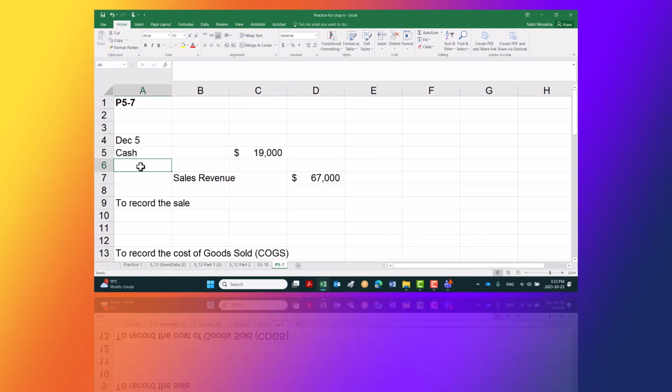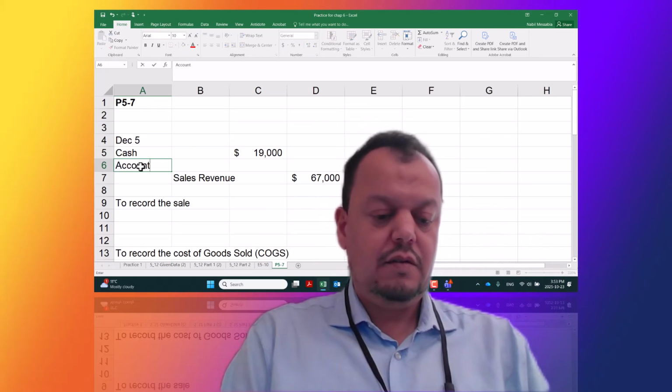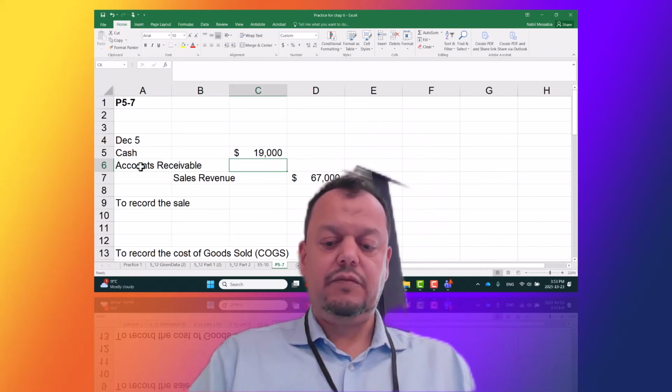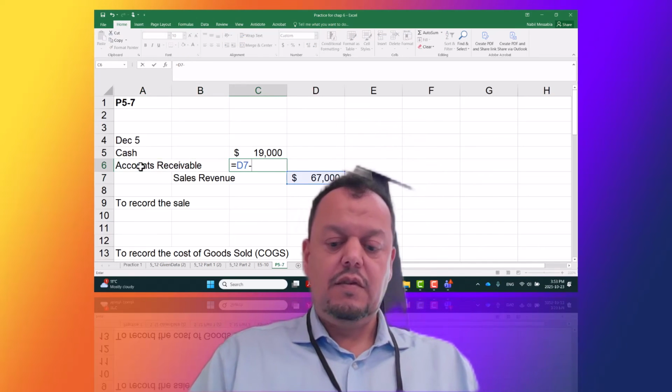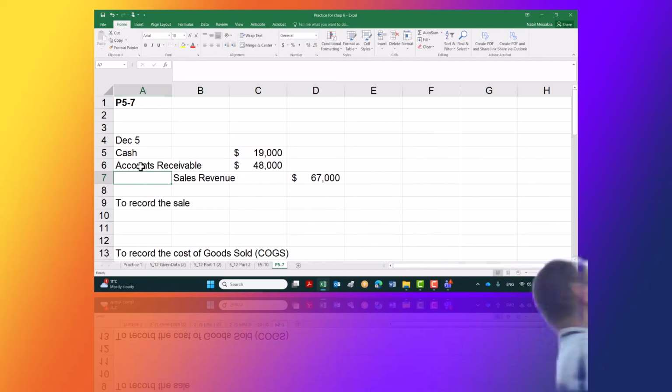Is it accounts receivable? Accounts receivable, yeah, of course. On account, when they say sale on account, it means the balance is in accounts receivable. Okay? Now, debit accounts receivable for the difference.